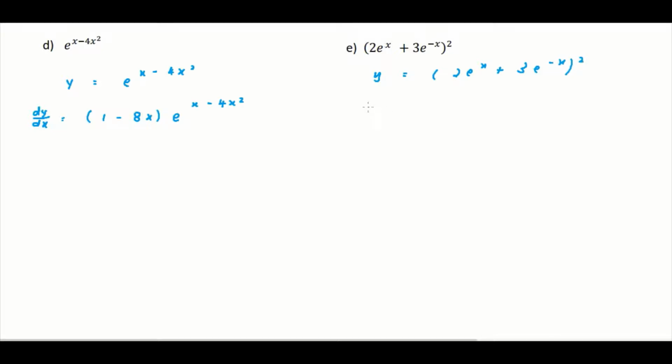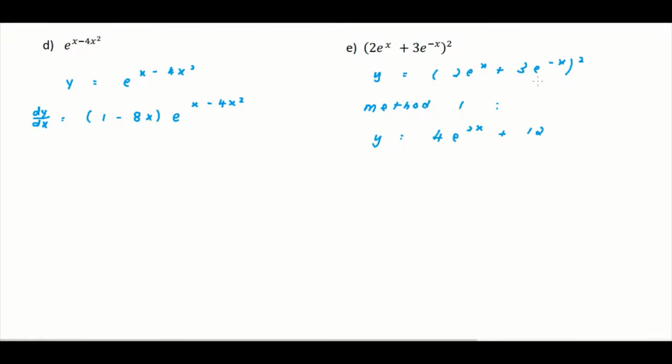Let us try to see method 1. Method 1 means you're just doing expansion. So y will be equal to 4e^(2x). Then after that you will have plus 6, so you get 12, and then e to the power of x times e to the power of negative x.